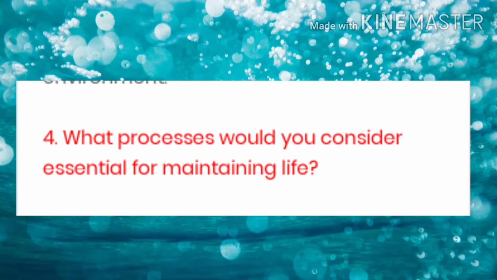What processes would you consider essential for maintaining life? So let us discuss the answer. So for the maintaining of life, processes such as nutrition, respiration, transportation, excretion, etc. are very essential.